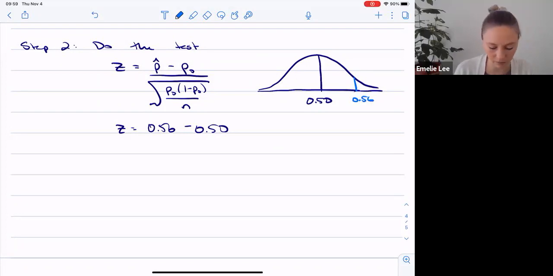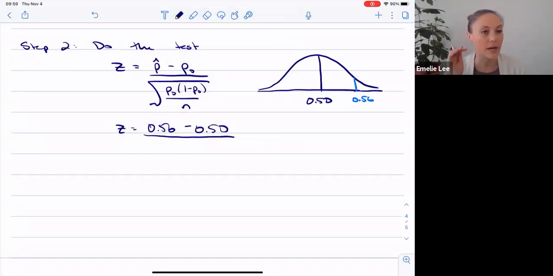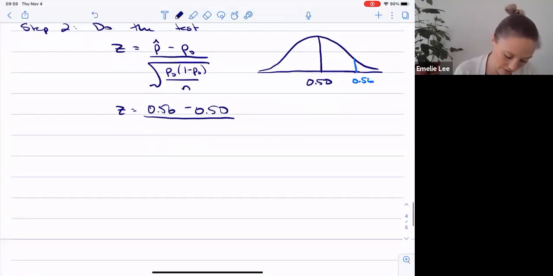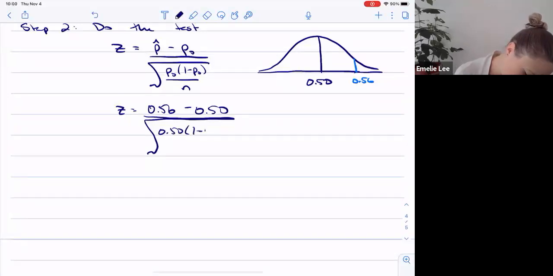In step 3, we're going to find this area, which is our one-sided p-value. But we need to know the spread, which is the standard error, and it uses the hypothesized proportion because we assume the hypothesized proportion is true. So 0.50 times 1 minus 0.50 over 1,028.